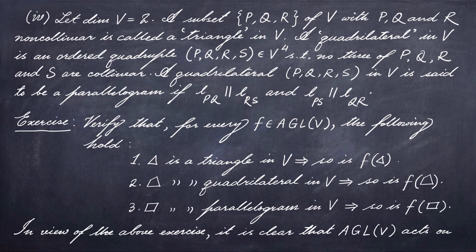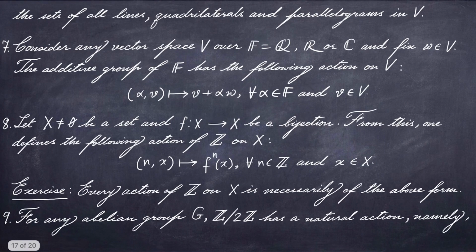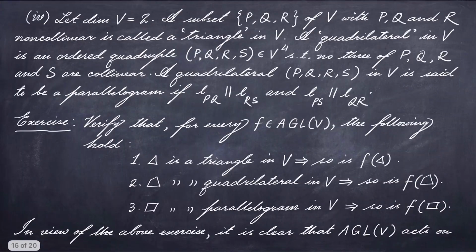So in view of these exercises, it's quite clear that AGL(V) has natural actions on the collection of all triangles in V, the collection of all quadrilaterals in V, and the collection of all parallelograms in V. I hope that you are able to recognize that you have seen these things earlier.